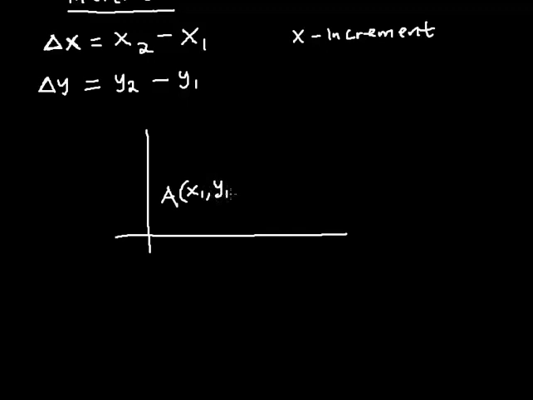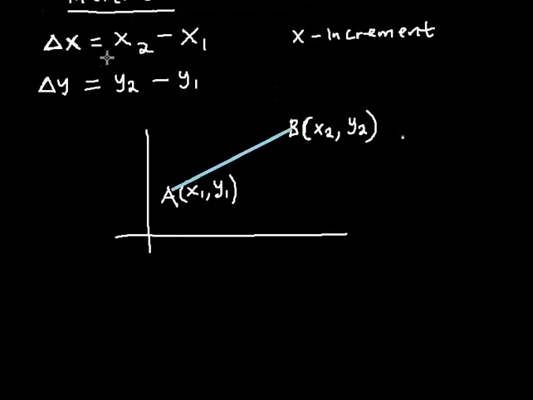Then I have another point, point B, in the same rectangular coordinate system. Point B is the second point, having coordinate (x2, y2). Let me join point A and point B, which gives me a straight line.